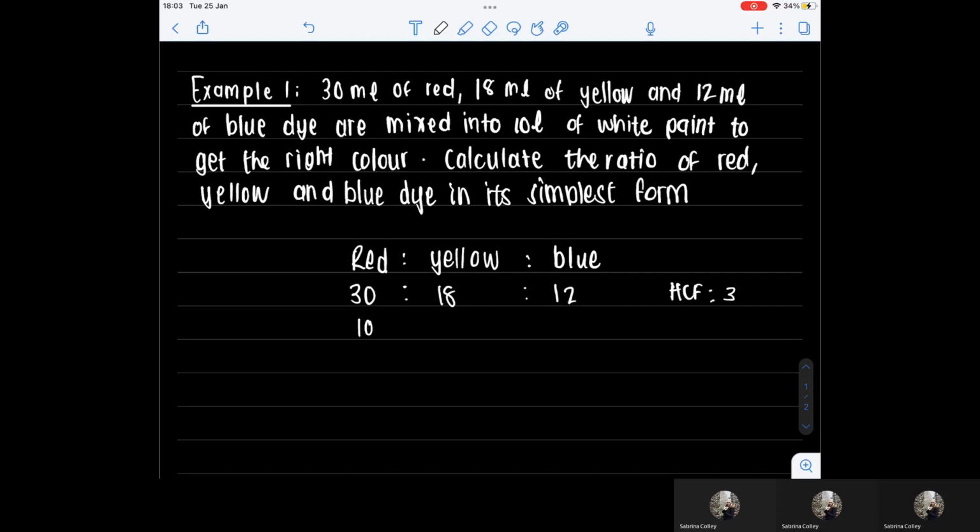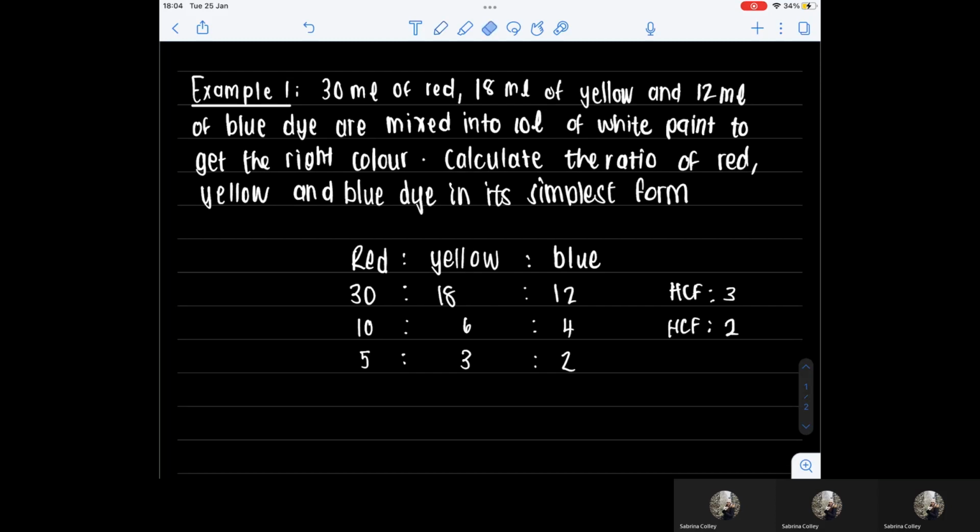Okay, then I get 10. Okay, 3 goes into 18 6 times, and then 3 goes into 12 4 times. And now I see, no, actually, it can be simplified even more because it can go twice. Okay, so 2 can be my highest common factor. So that will be 5, 3, and 2. And now I know it's in my simplest form. Okay, if you were looking at this initially and thinking, no, you can actually do 6.